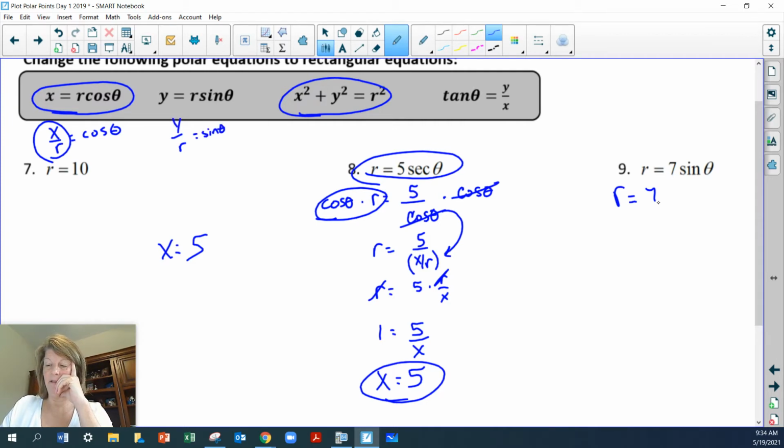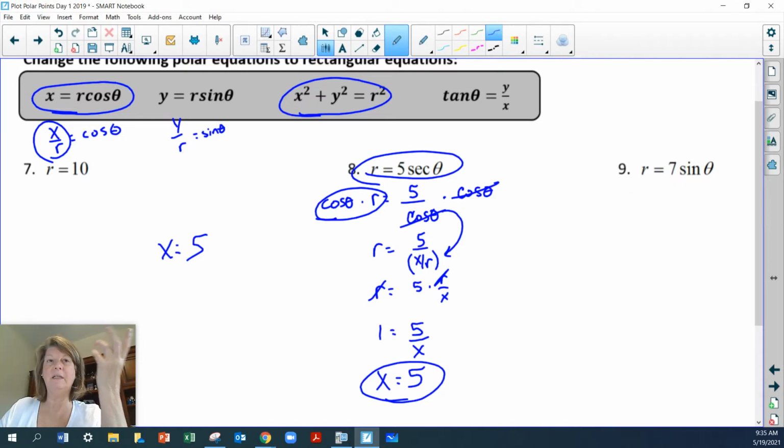Could do that. R over sine. Where's that going to take me? Then I could divide by r, then I'd have 1 equals 7 over sine. Sine equals 7. That's not so cool, is it? Moving around on these, you can tell it's not the easiest. That's just not leading us down the right path.